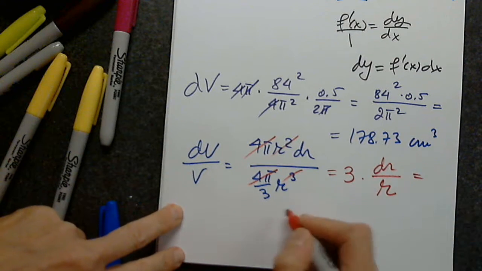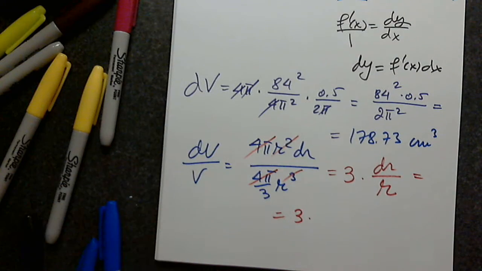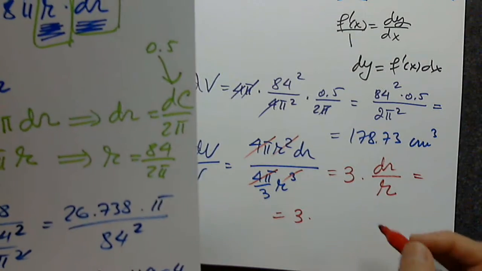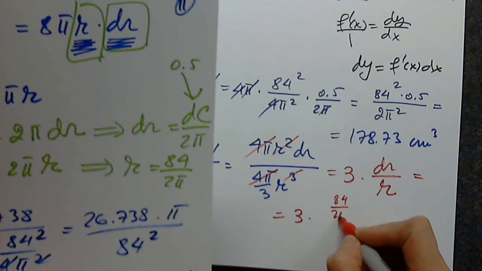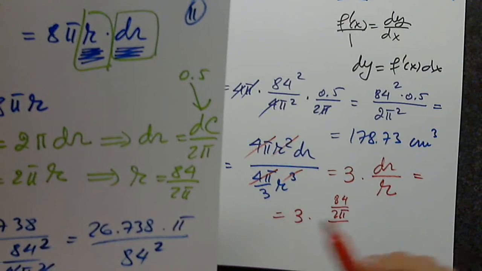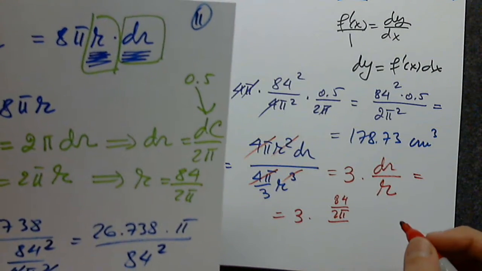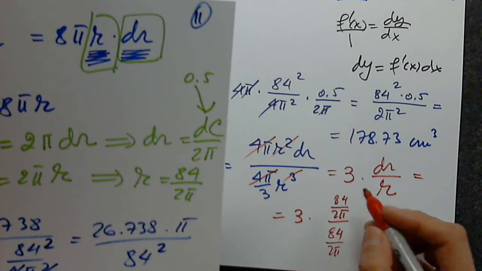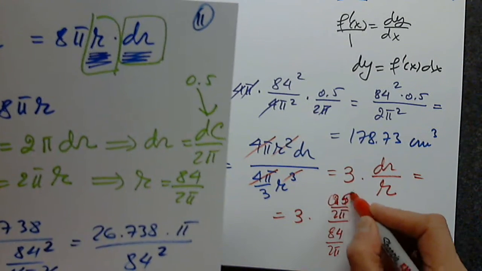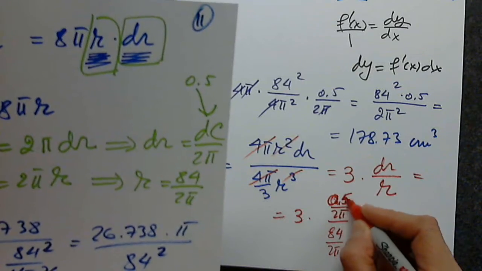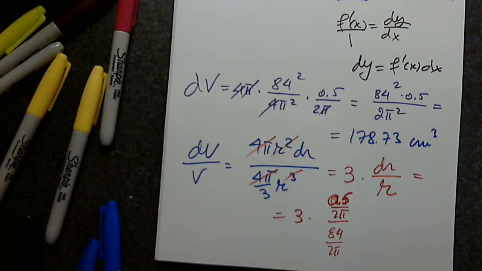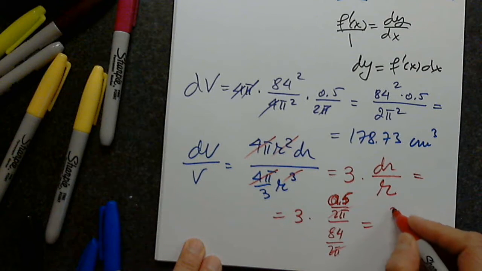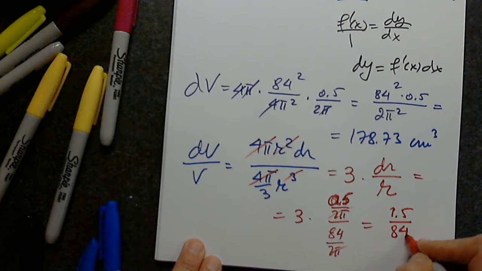So if we have this from last time, then we can directly find it. So what was R? R was 84 over 2 pi, and no, dr first. Dr first, sorry. R is 84 over 2 pi, and dr is 0.5 over 2 pi. Yes. So 2 pi with 2 pi go away. So 1.5 over 84.